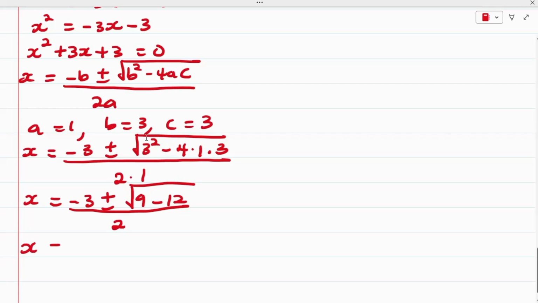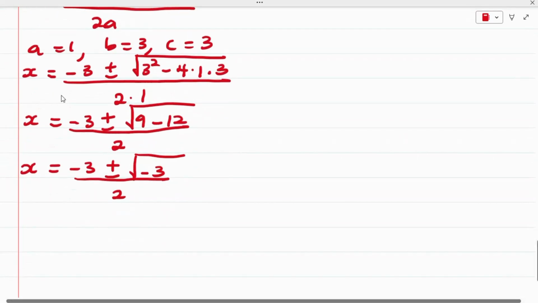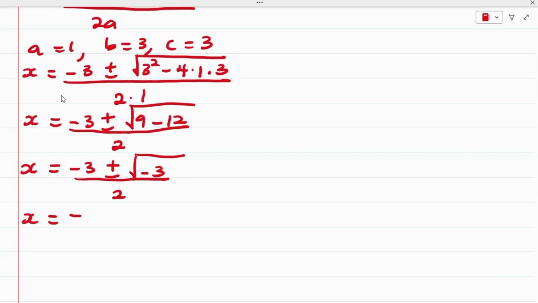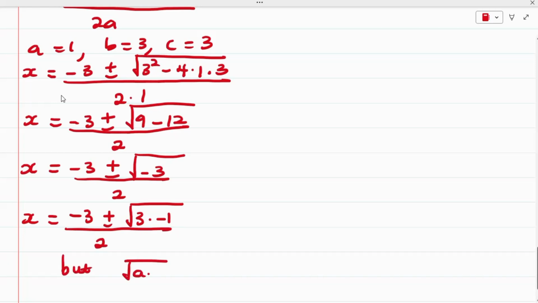So we have that x is equal to -3 plus or minus the square root of 9 minus 12 is -3, divided by 2. So from here, we have x is equal to -3 plus or minus the square root of 3 multiplied by -1, divided by 2. But we know that if we have the square root of a multiplied by b, this is equal to the square root of a multiplied by the square root of b.